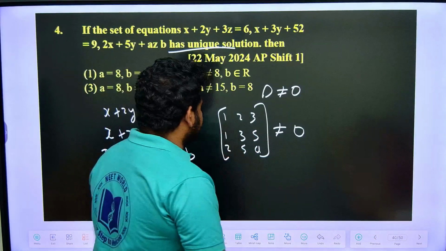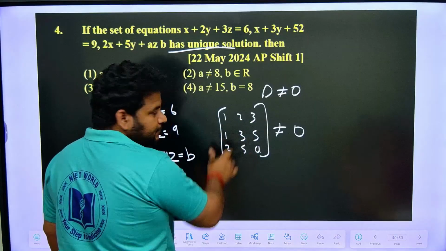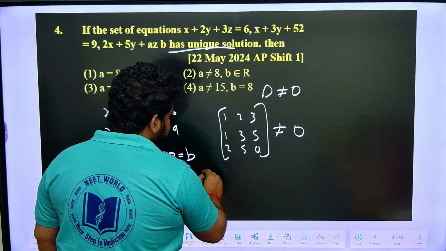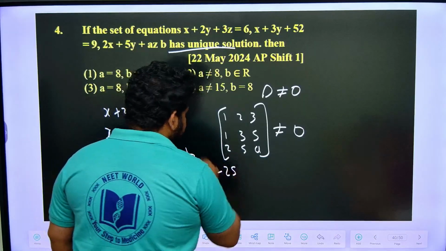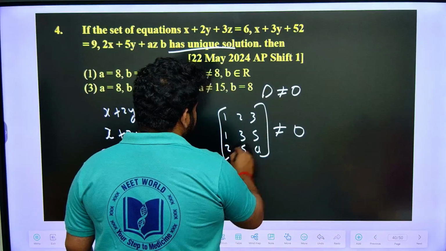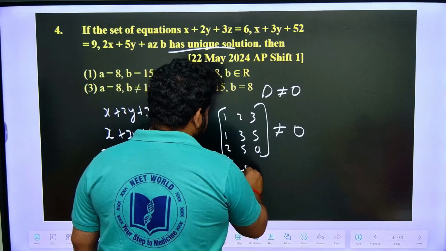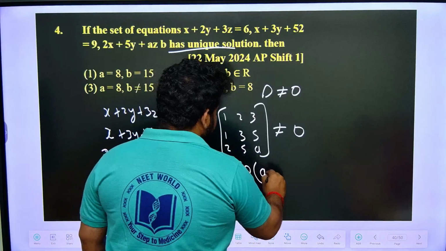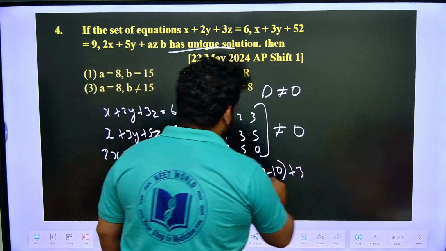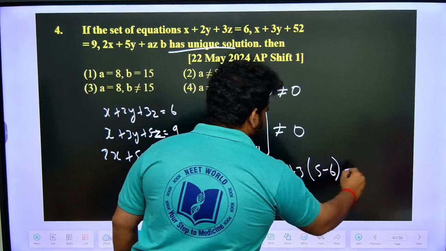So here we can find the value of a. Find delta of matrix A. 1 into (3a minus 25), minus 2 into (a minus 10), plus 3 into (5 minus 6) is not equal to 0.